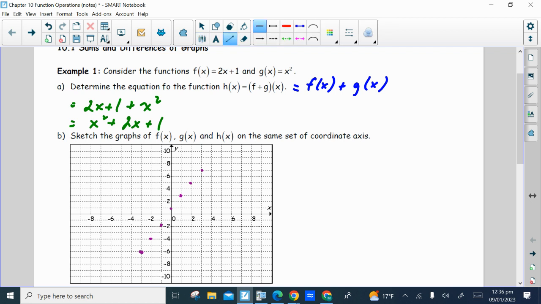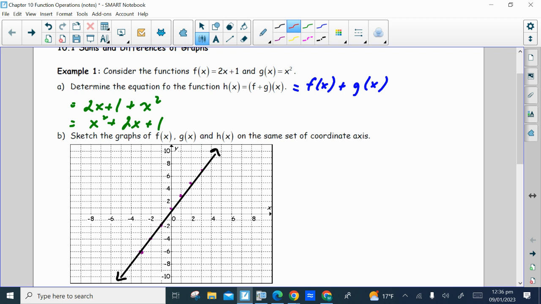But all these points should line up, and we have our line: y equals 2x plus 1. And our graphs always have arrows on the end because they go forever, following that same pattern. Right, so there's our first equation.